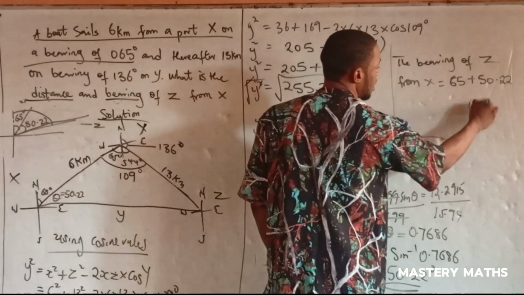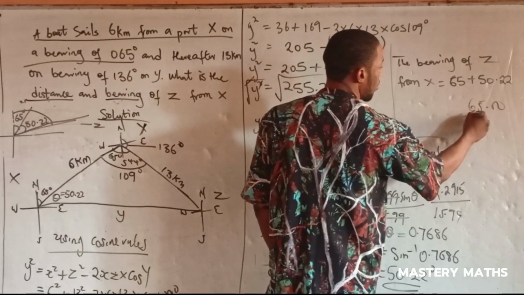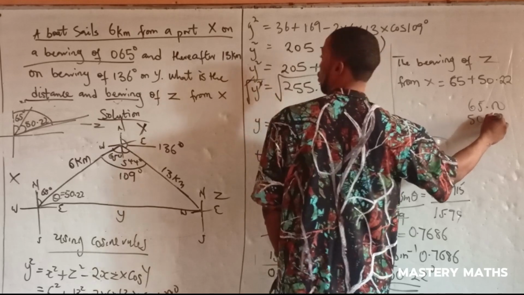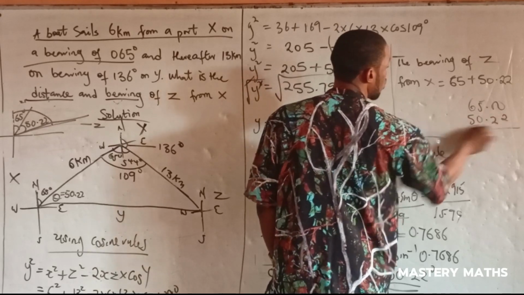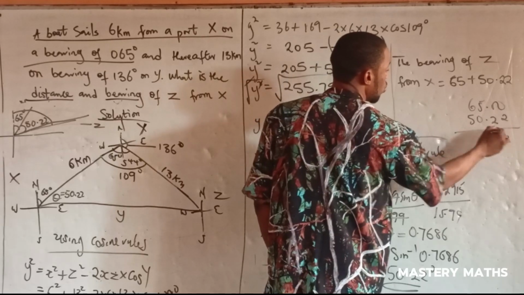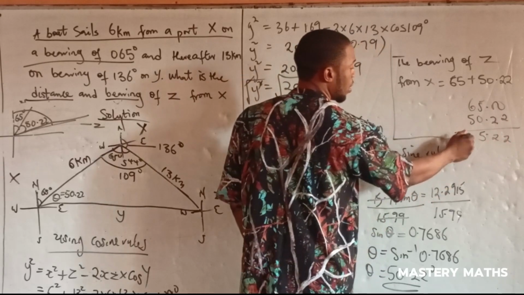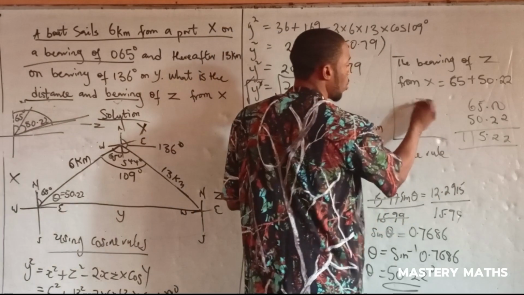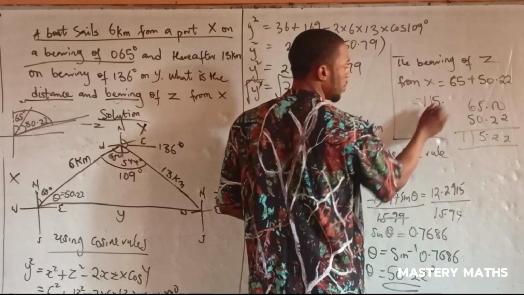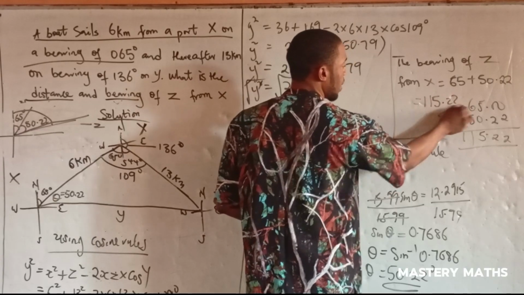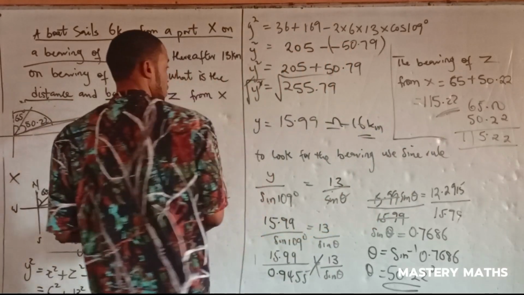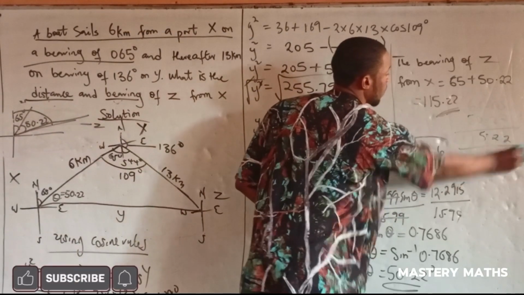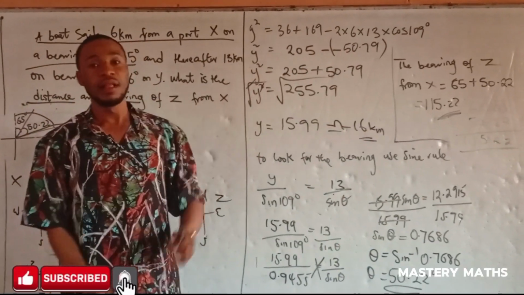And when you add it, 65.00 plus 50.22, you have your 22, you have your 5, you have your 11. You see it now? So our bearing here is equal to 115.22. That's it. That is the answer. Thank you.